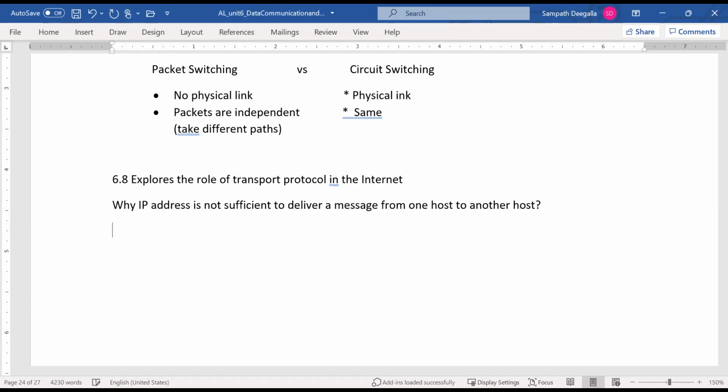We'll put it this way. One host means any device to device. Why is it not enough?